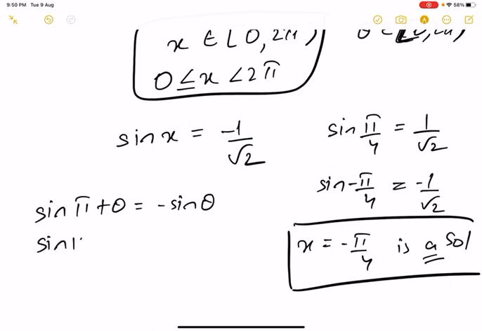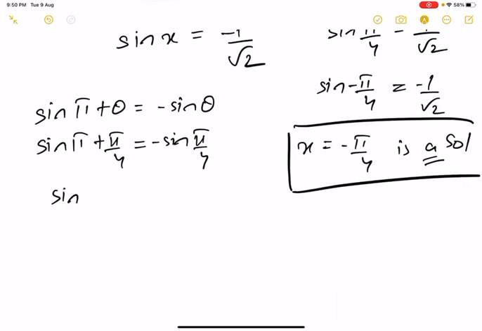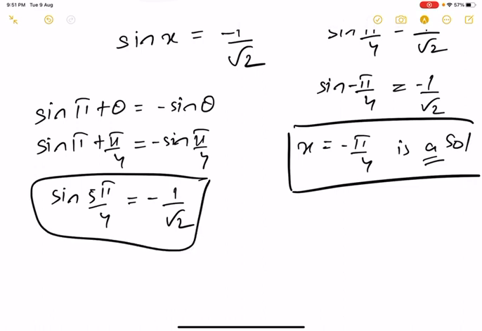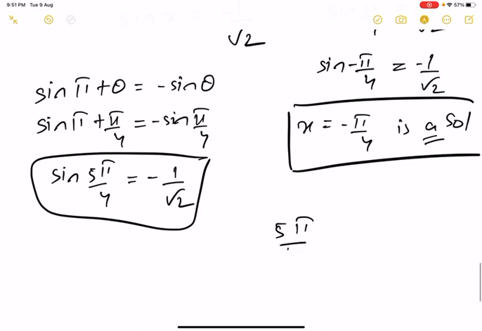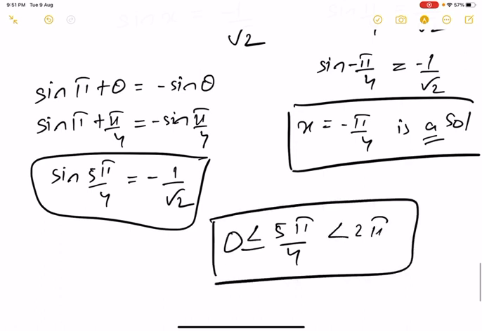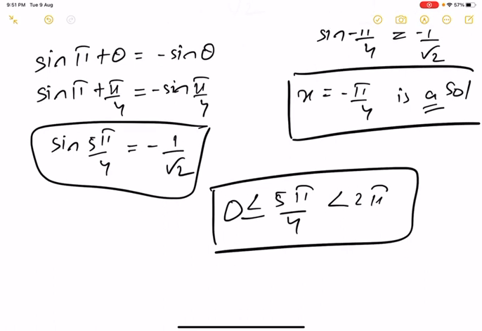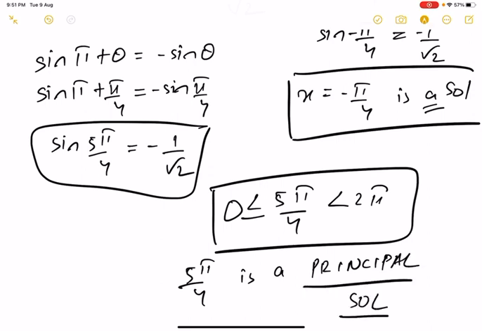Now if you take pi by 4 instead of theta, we will have negative sine of pi by 4. So now this becomes sine of 5 pi by 4 and this becomes negative 1 by root 2. Now you can check that 5 pi by 4 is less than 2 pi and it is obviously greater than 0. So 5 pi by 4 is also a solution, and it is a principal solution.